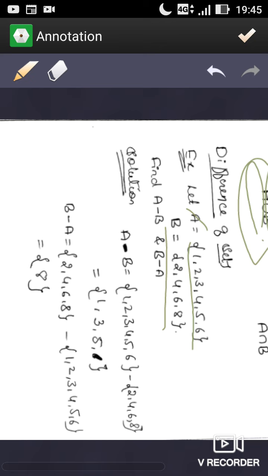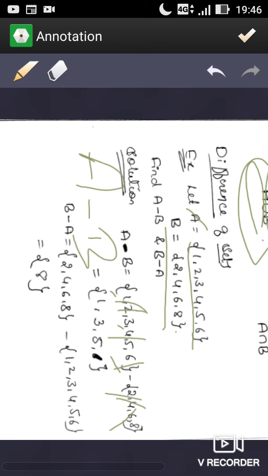For minus, we have to discard whatever similar elements are in both sets. 2 is there, so 2 is discarded. 4 is present, 4 is discarded, and 6 is discarded. The remaining elements of the A set we can write: 1 is remaining, 3 is remaining, 5 is remaining. This is A minus B. This is the answer of A minus B.